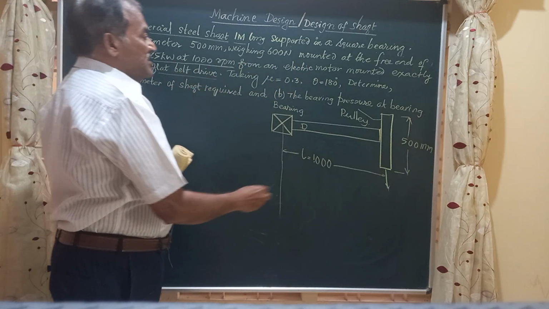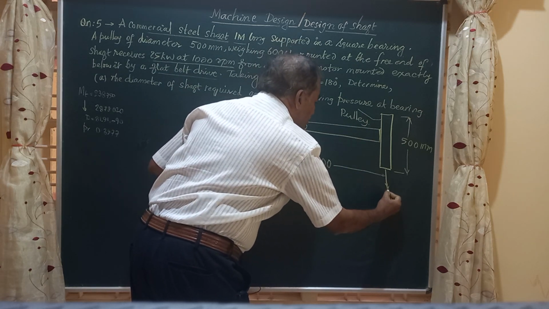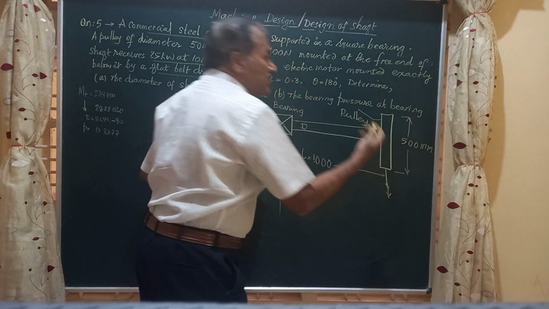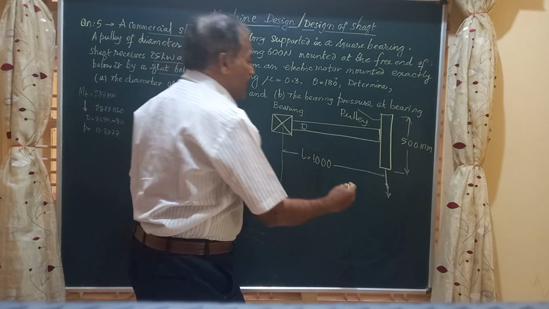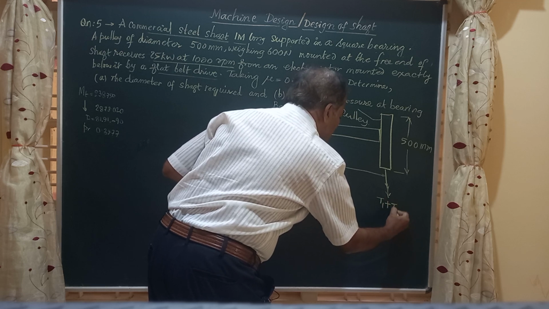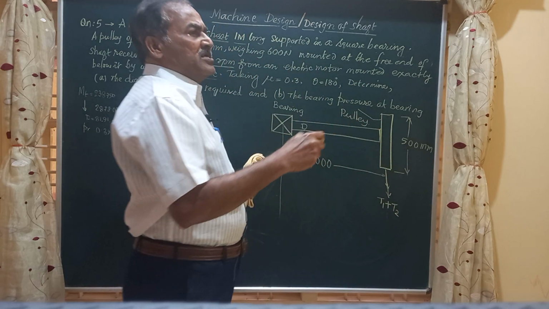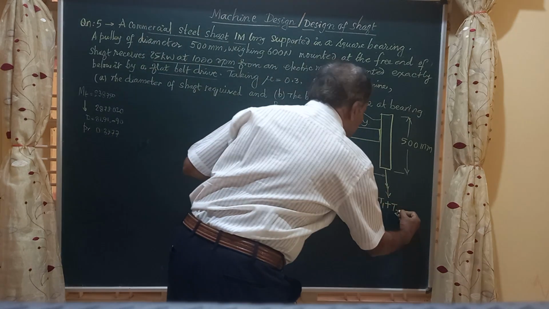That means there is a belt connected to a motor here, and therefore the total downward pull on the pulley or on the shaft will be the tensions T1 and T2, the high tension, the slack tension, plus the weight of the pulley.